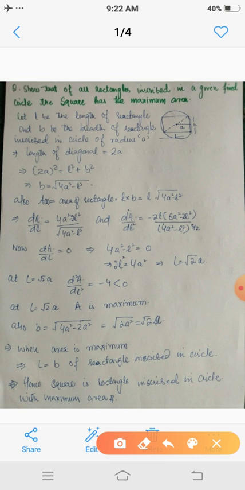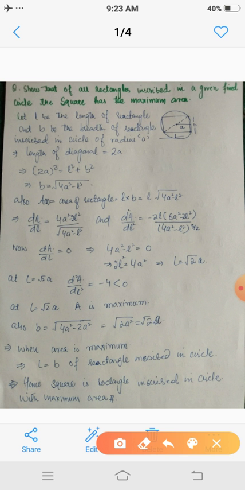Now we will use the maxima and the minima in its application in solid geometry. The question is: show that of all rectangles inscribed in a fixed circle, the square has the maximum area.